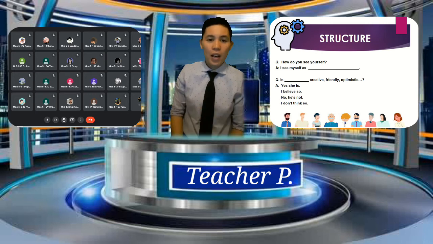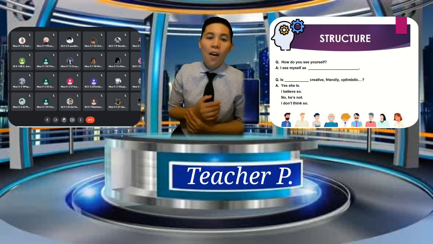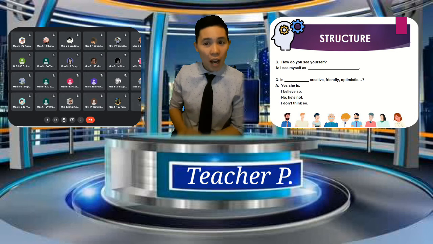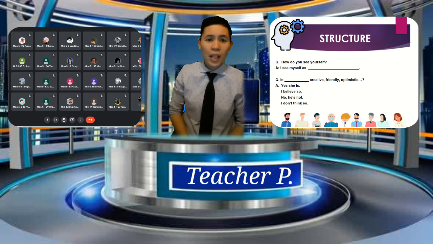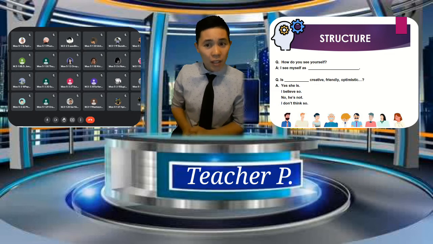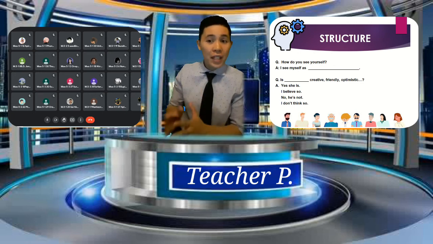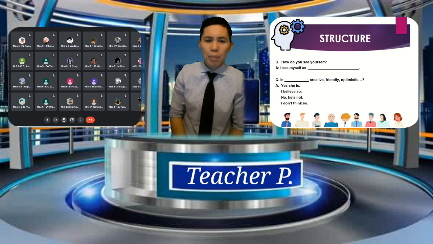Okay, so let's do the conversation again. How do you see yourself? I see myself as optimistic. Is Stamp flexible? Yes, she is. Is Stamp friendly? I believe so. Is Stamp hardworking?